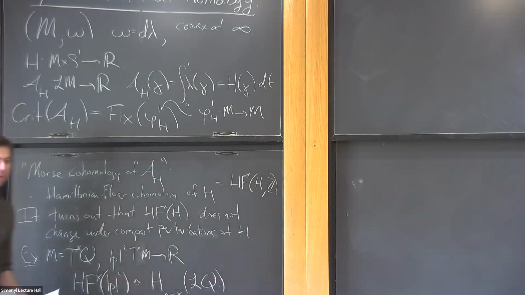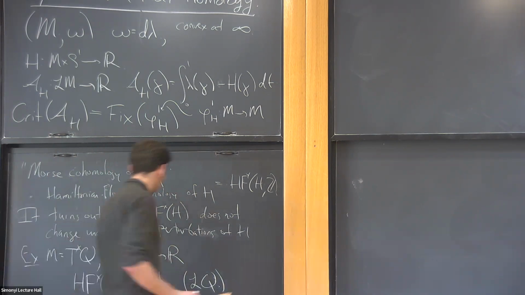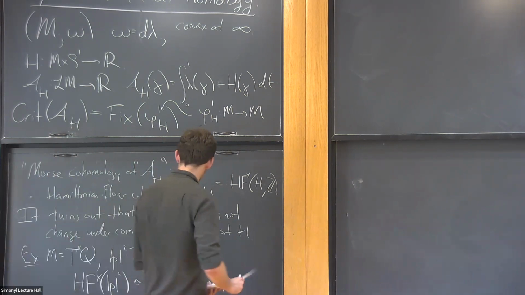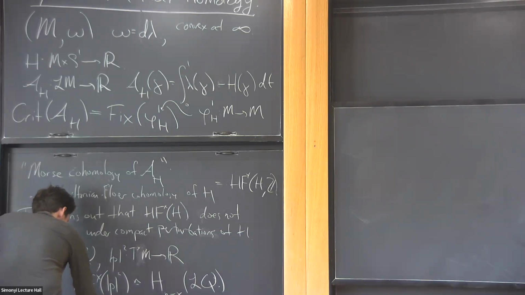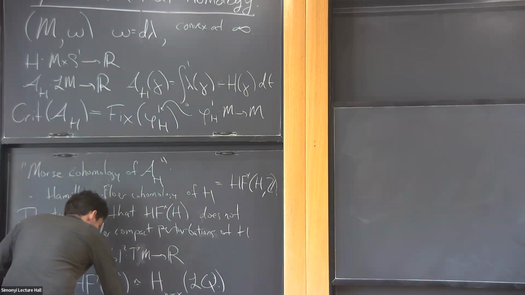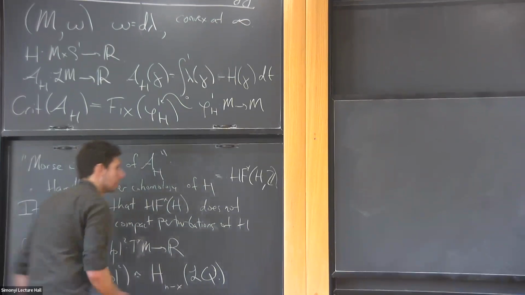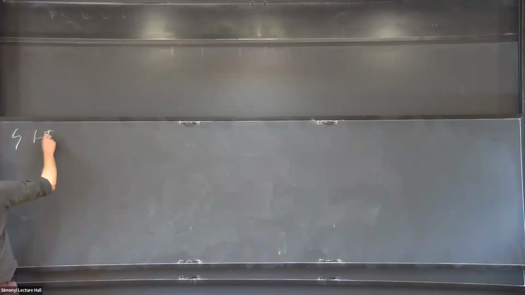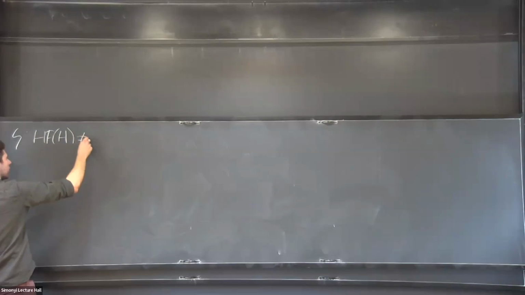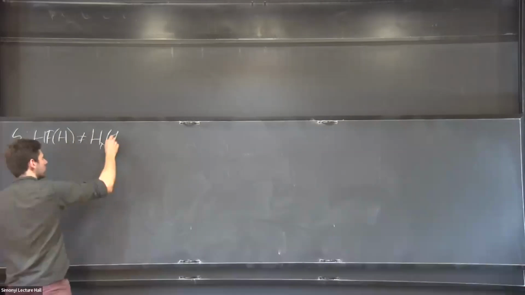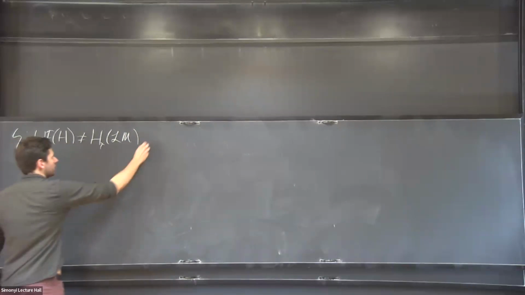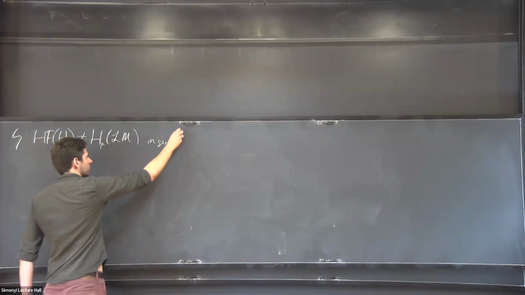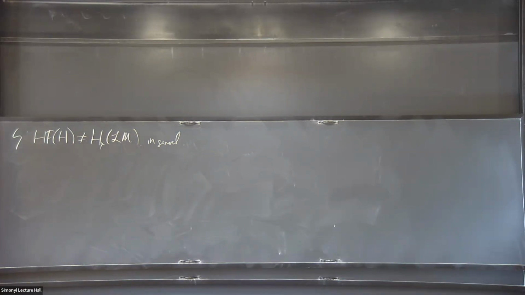Okay, so that's a statement. But maybe a warning: HF H is not the homology of the free loop space of your manifold in general. This is some very special property of cotangent bundles.